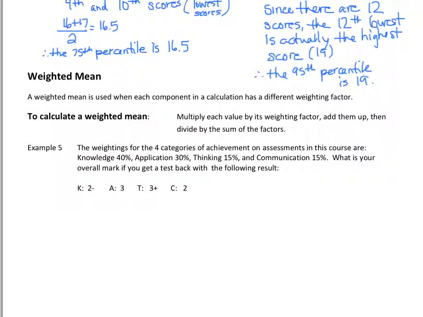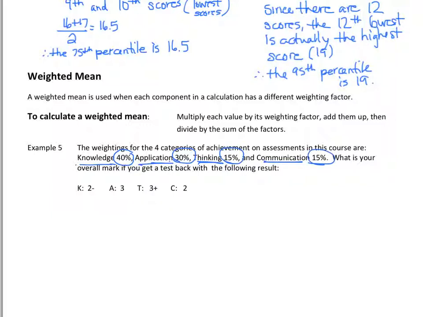So as you know, in the course we have 4 categories of achievement: knowledge, application, thinking, and communication. But when your marks are calculated, they are not all considered equal. So 40% of your mark comes from the knowledge category, 30% from application, and 15% from each of the other 2.